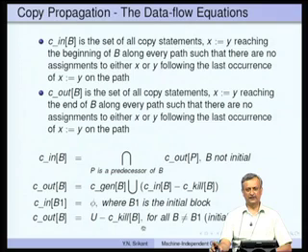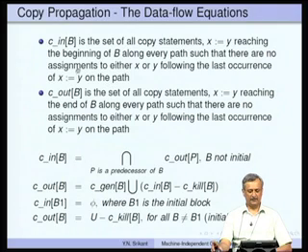So, we make sure that it is the universe of all statements, so that we get the maximum benefit in the data flow analysis. What is C in B? C in B is the set of all copy statements x equal to y, obviously reaching the beginning of the basic block, that is why it is C in B, along every path such that there are no assignments to either x or y following the last occurrence of x equal to y on the path.